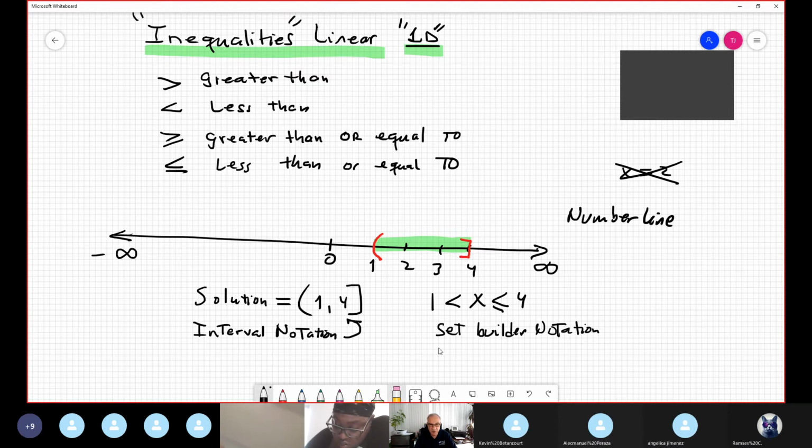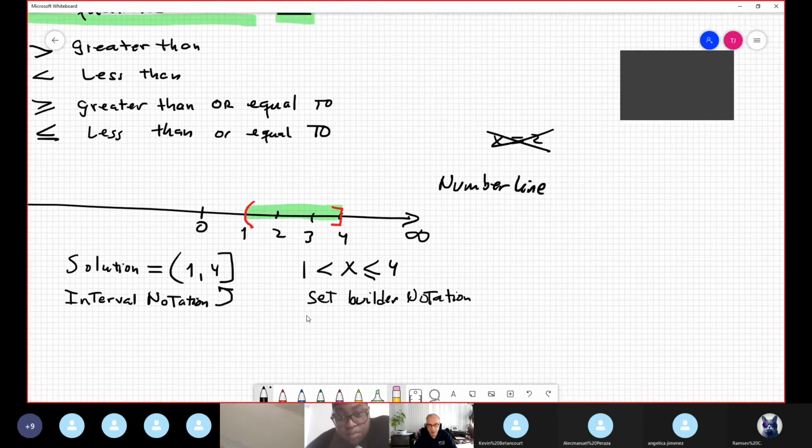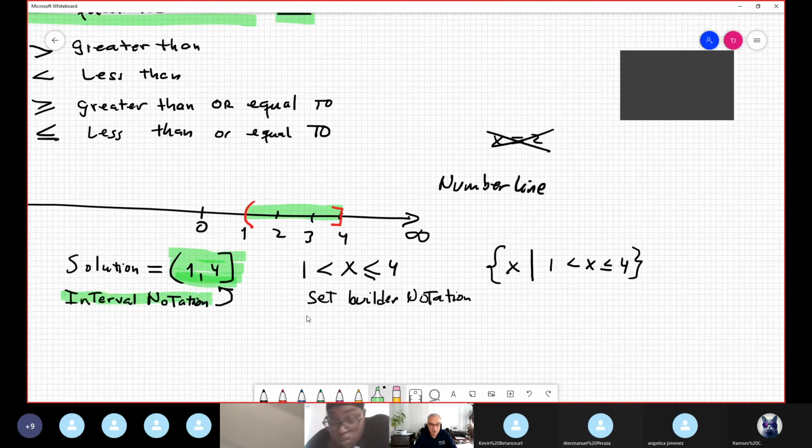You open the curly bracket, specify the variable that participates in the inequality, I suppose x, such that, this stick represents such that, and you copy 1 less than x less than or equal to 4. Okay, this is more elegant. However, we frequently use interval notation. I prefer this in the test. Be familiar with the name, interval notation.